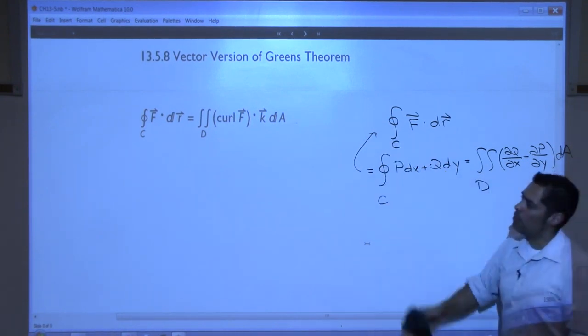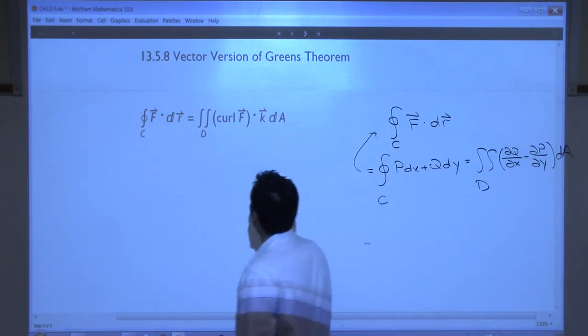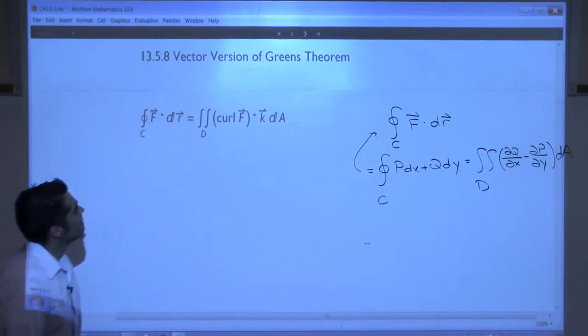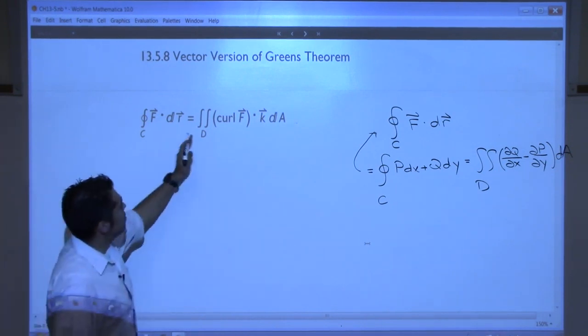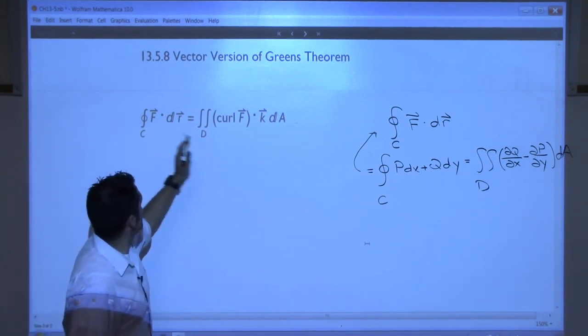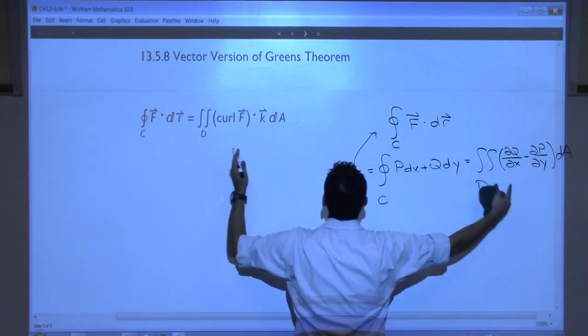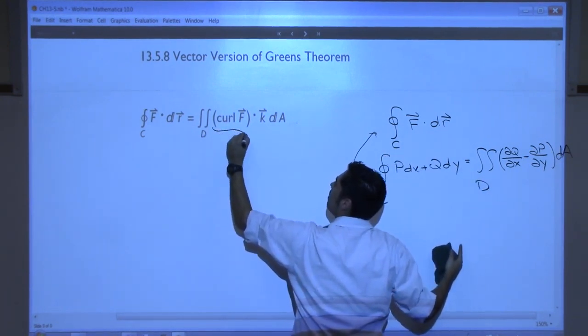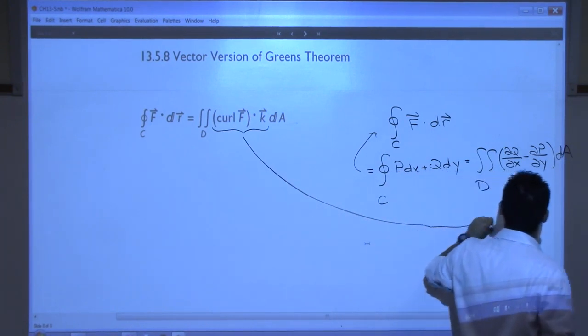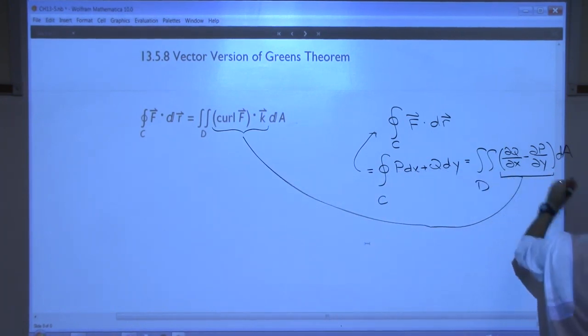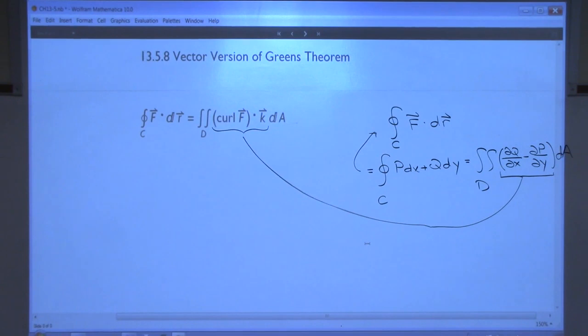So look at this new formula for Green's theorem. If this is equal to this, and that's equal to this, that means that this right here must be equal to this right here. Do you agree with that or not?